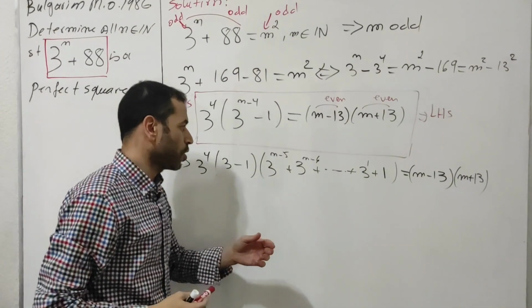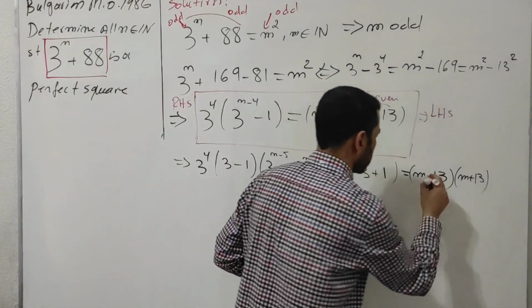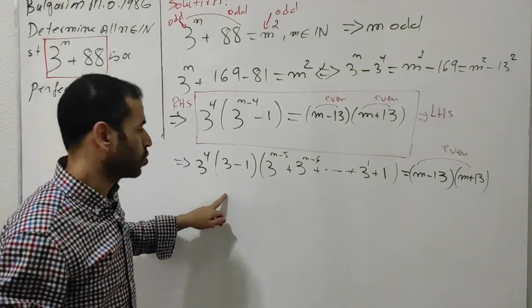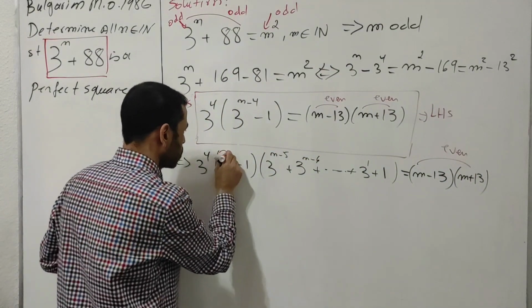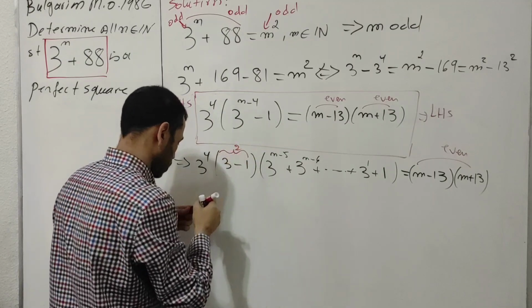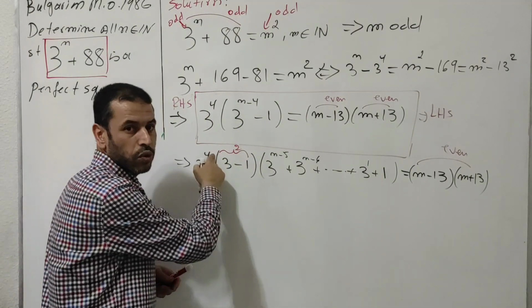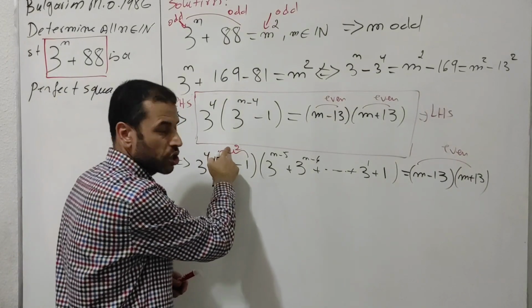Now if you take a look carefully, since the right hand side is even, the left hand side of this equation is even as well. So we have the term 3 minus 1, which is 2, and 3 to the fourth, which is 81, multiplied by 2 is 162.